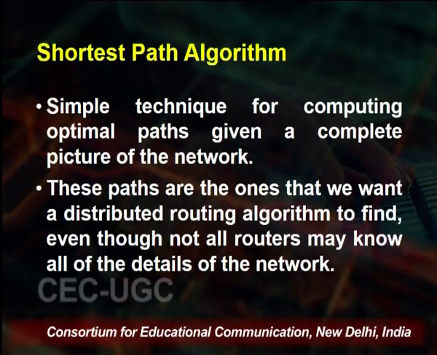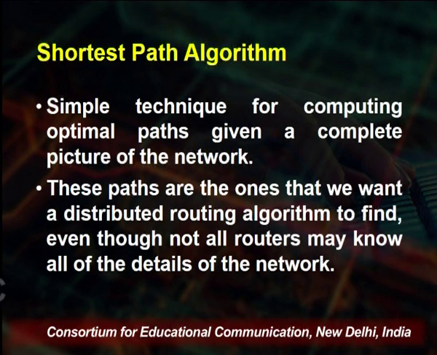Sooner or later, in the context of routing algorithms, we are going to deal with shortest path algorithms. These shortest path algorithms are simple techniques for computing optimal paths given a complete picture of the network, and these are the paths which we want a distributed routing algorithm to find.